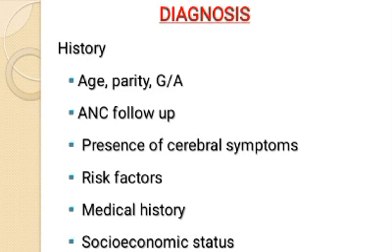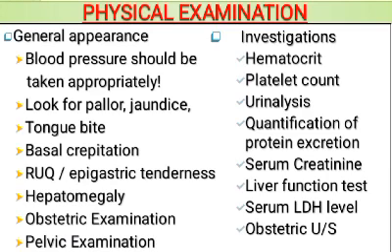Diagnosis. History: age, parity, gestational age, ANC follow-up, presence of cerebral symptoms, risk factors, medical history, socioeconomic status. Physical examination: general appearance. Blood pressure should be taken appropriately.